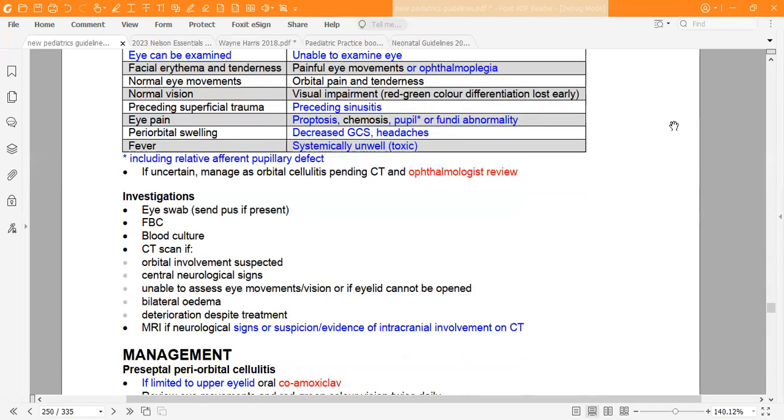Okay, investigations. So what we should do in blood tests.